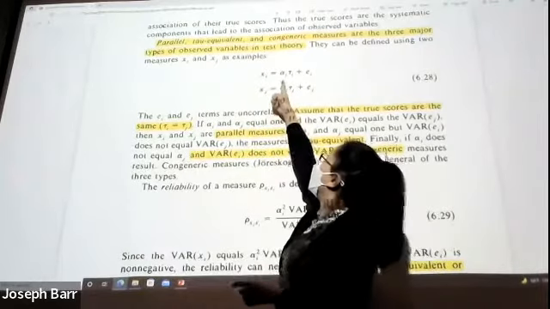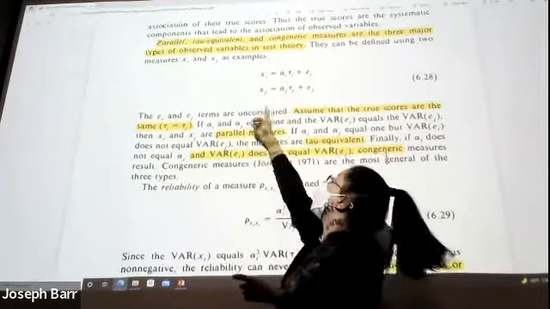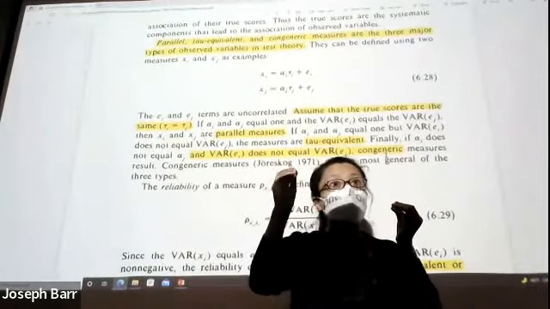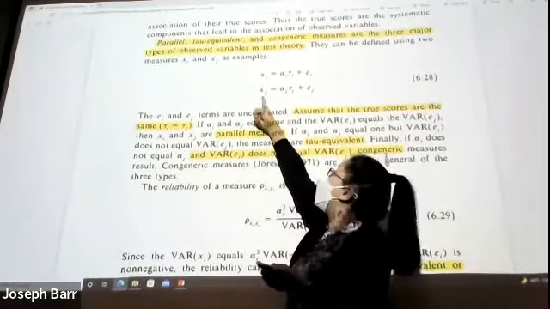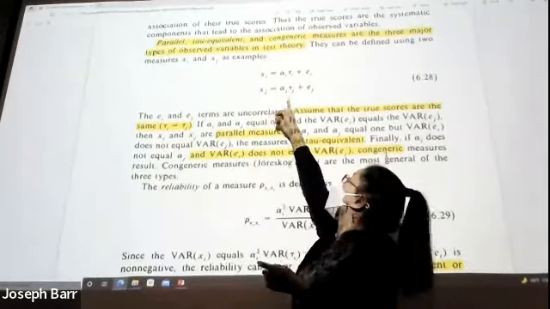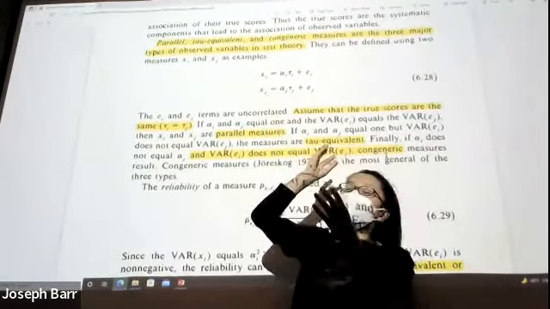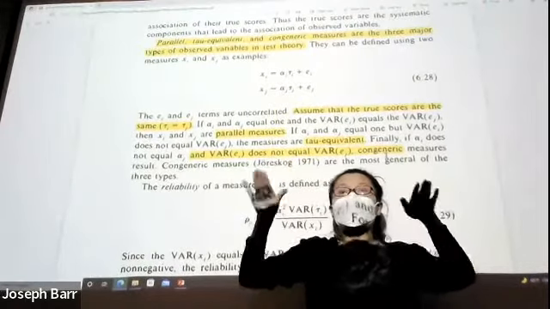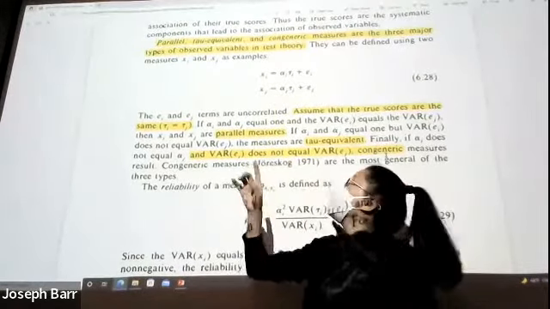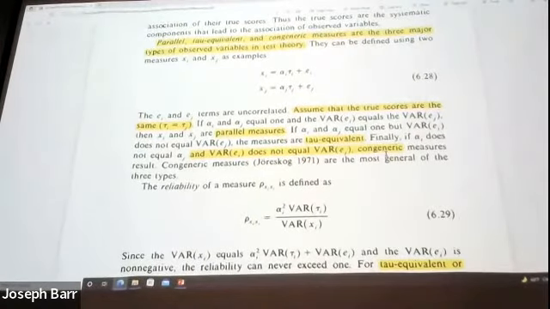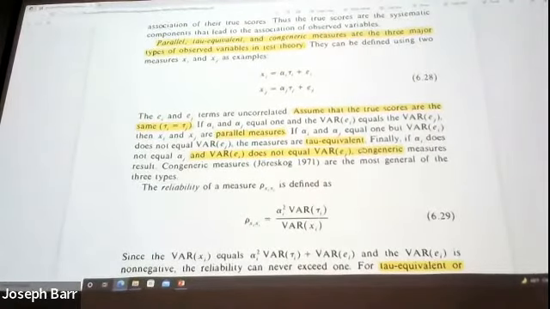The alpha i may equal 1, and alpha j may be 2, so they have different scales. In that case, X_j is actually twice the true score, while X_i is on the 1 scale. It's kind of like different measures, but still we have the same true score. In that case, we call them congeneric measures.